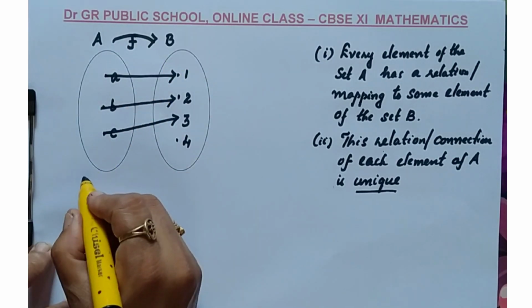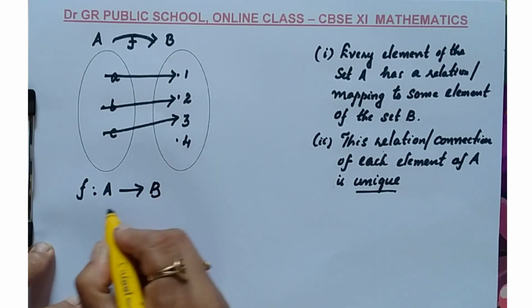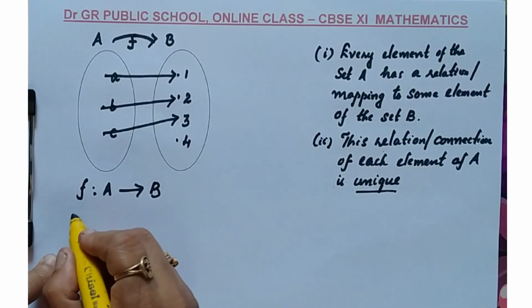A function f from A to B is denoted like this. Read it as function f from A to B.